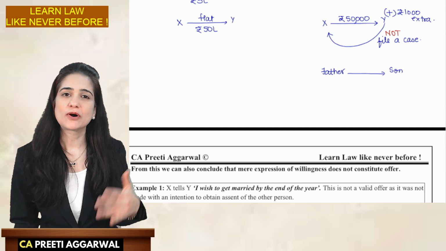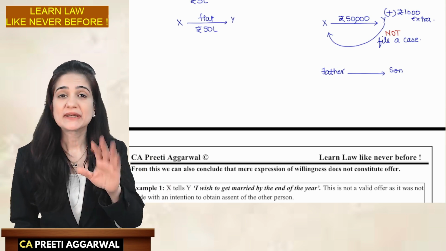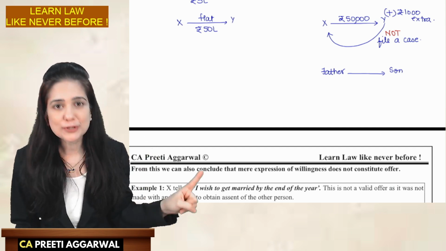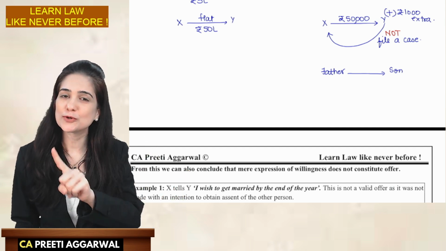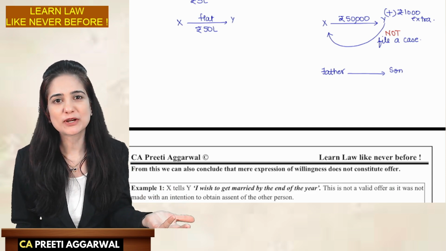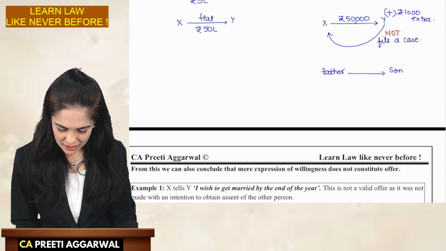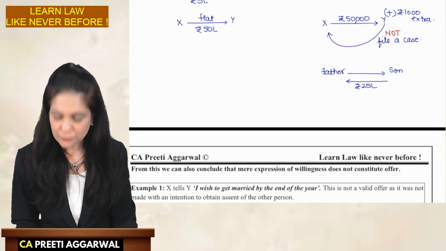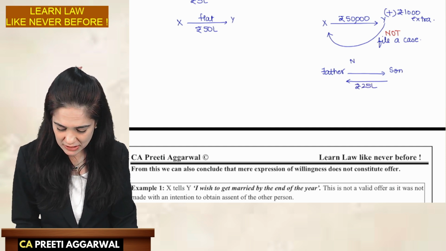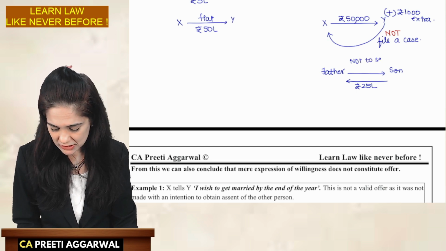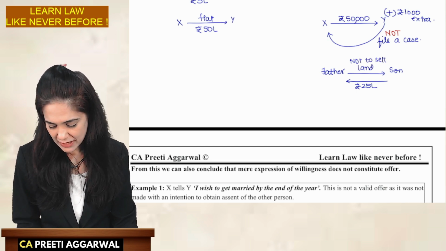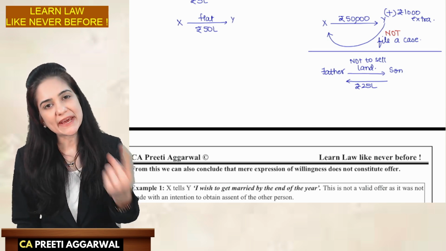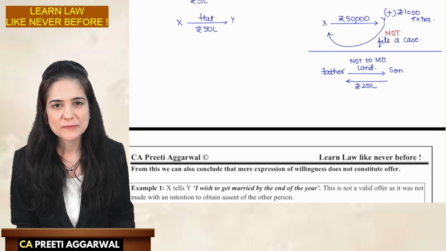I need to get your sister married. I need money. Dad, I will give you money if you agree not to sell the land, not to do something. That is the negative aspect of offer. So son offers to pay 25 lakh rupees to father, and father promises not to sell the land, not to do something. This is the negative aspect of offer.